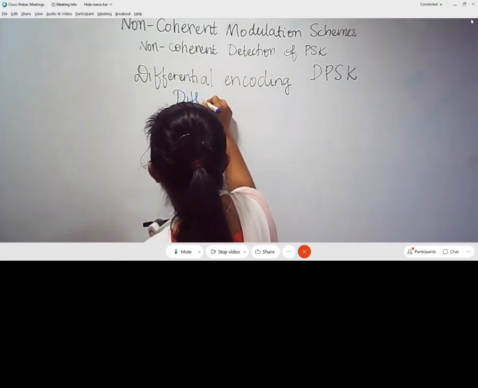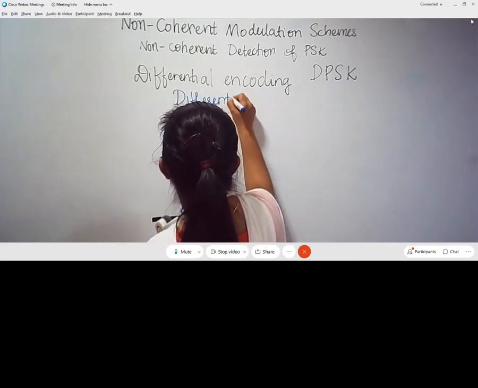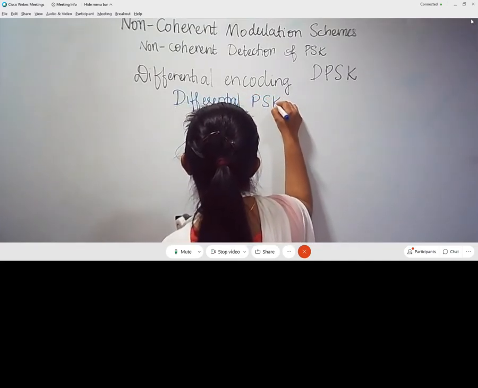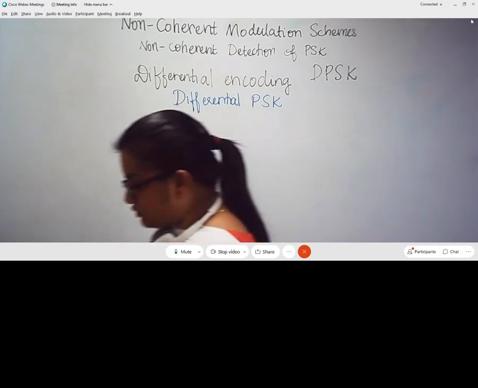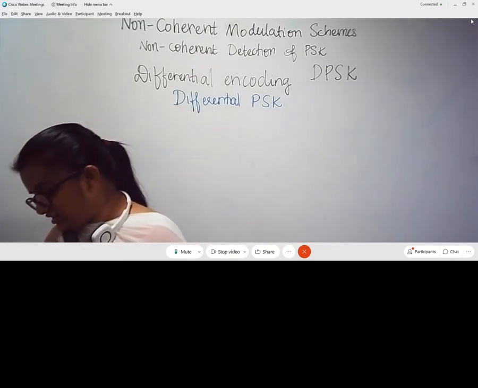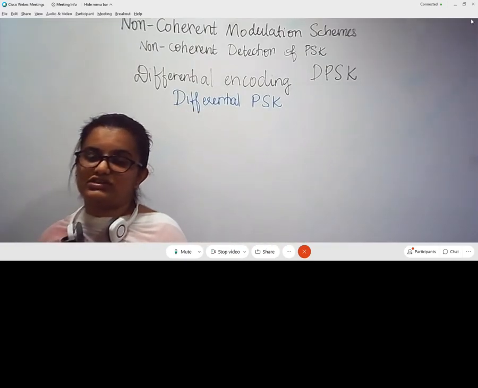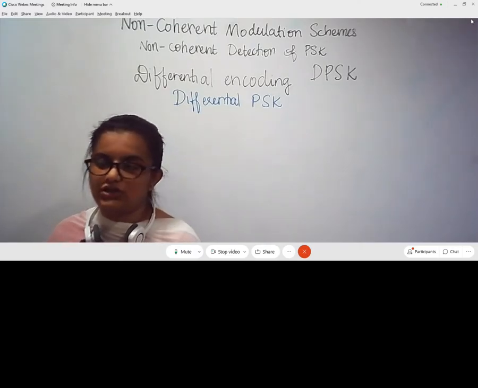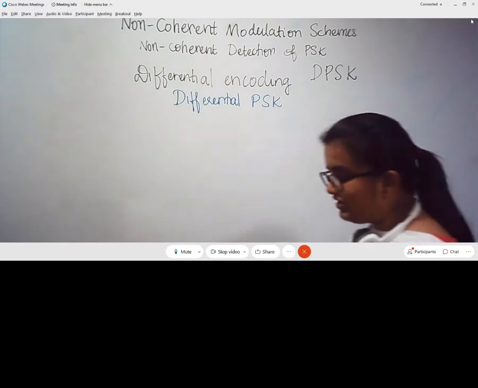In this differential PSK, we are going to make use of what is called differential encoding. I don't know whether you know this procedure or not. It makes use of a non-coherent technique in order to detect the information. That means I do not require the carrier phase information in order to identify the bits that are actually transmitted.